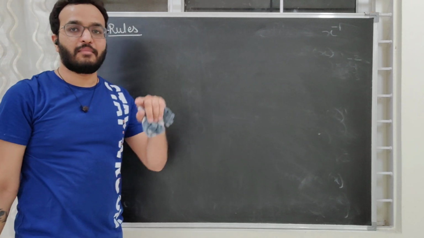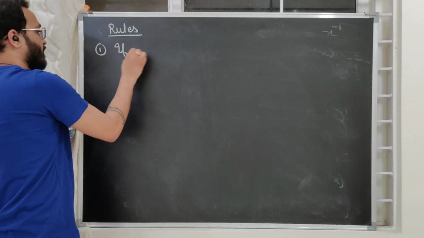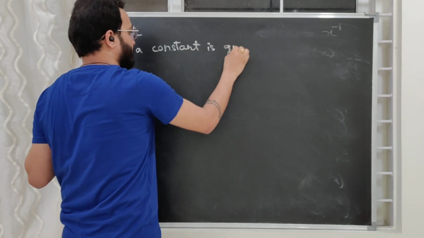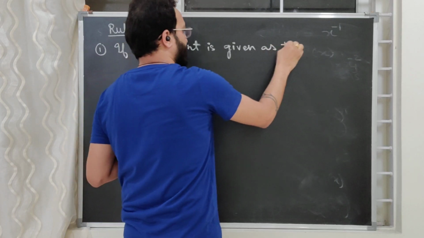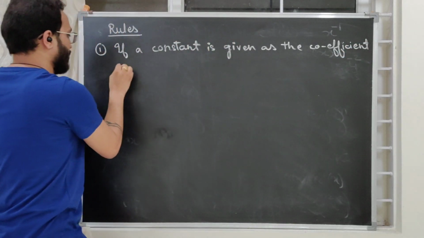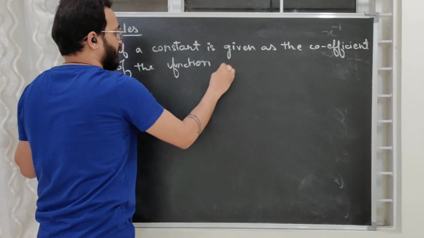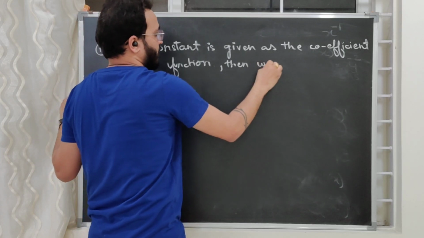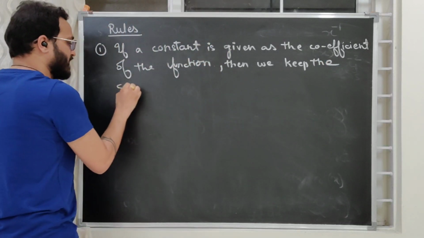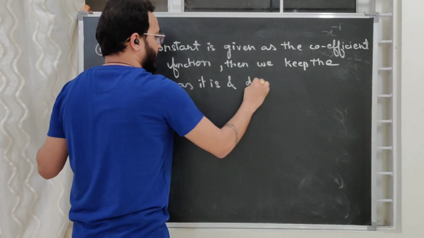If a constant is given as the coefficient of the mathematical function, then we keep the constant as it is and differentiate the function.